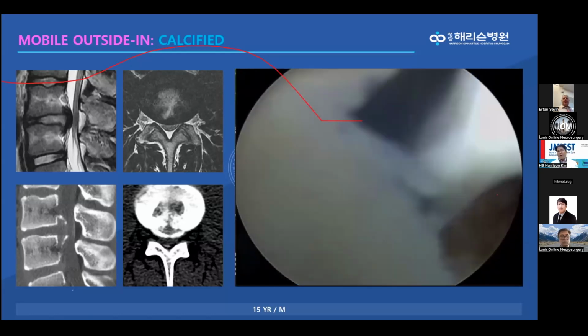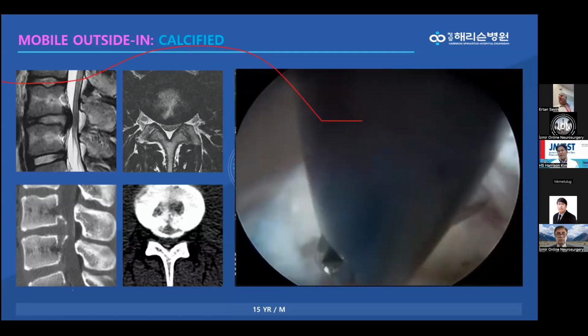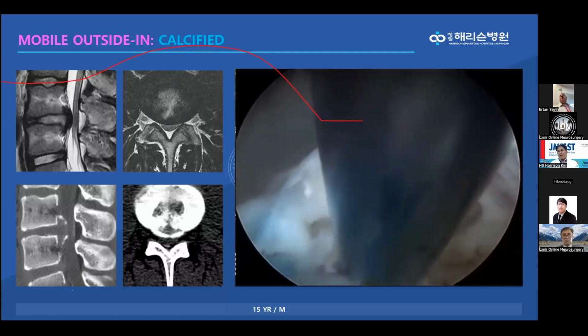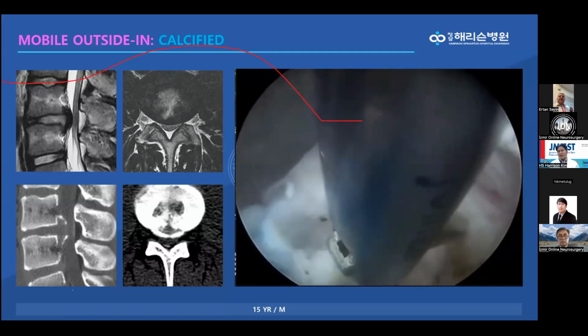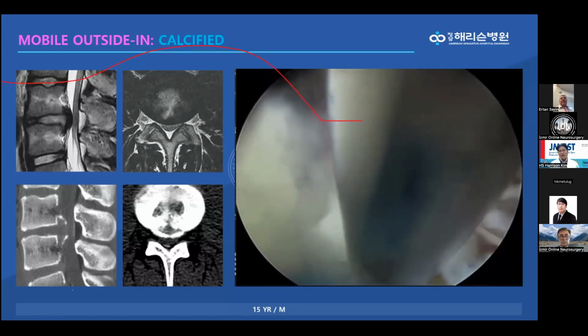This is really possible because of the real advantages of the mobile outside-in technique. If I had no mobile outside-in technique, these cases would also not be possible for me.